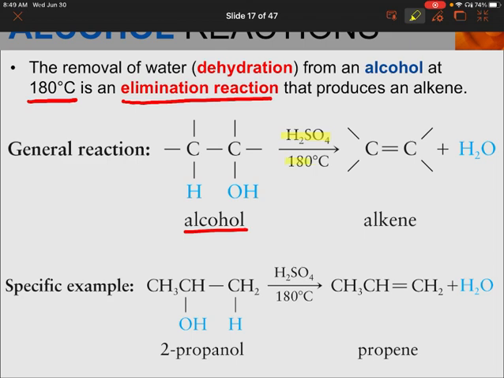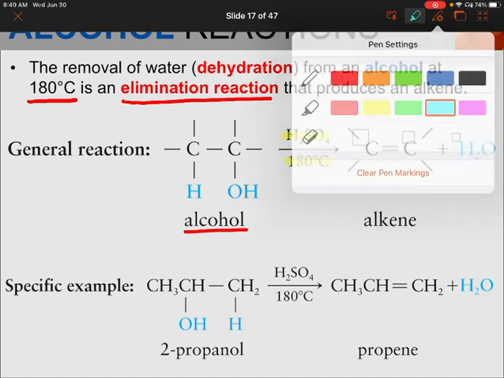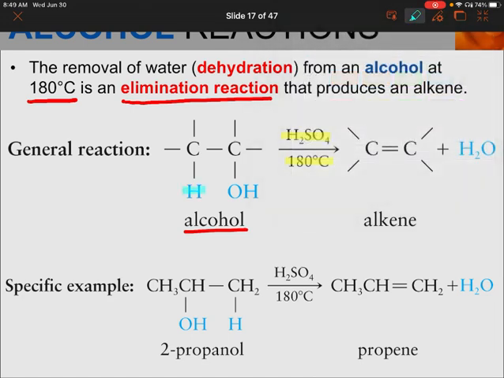We're going to heat the reaction to 180 degrees Celsius, and that's going to remove a hydrogen from one carbon and an OH group from the next carbon over, so neighboring carbons, and we're going to end up with a water molecule.